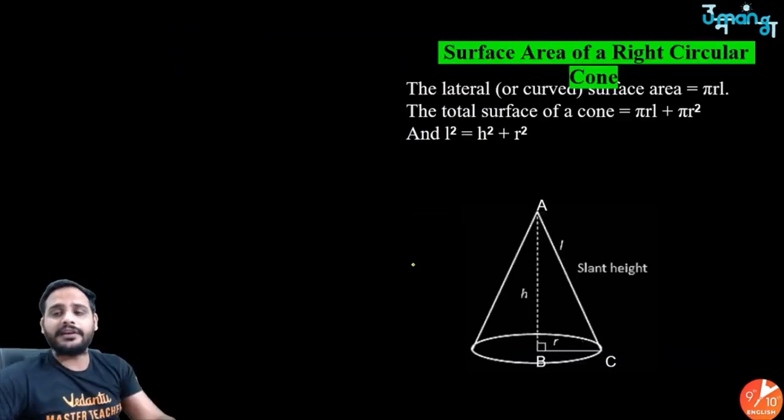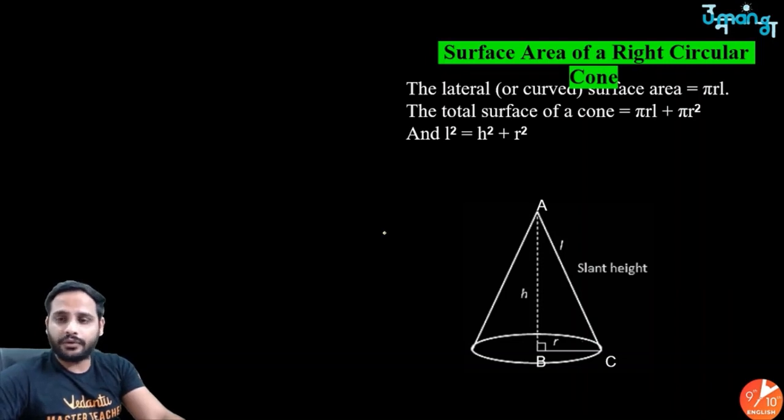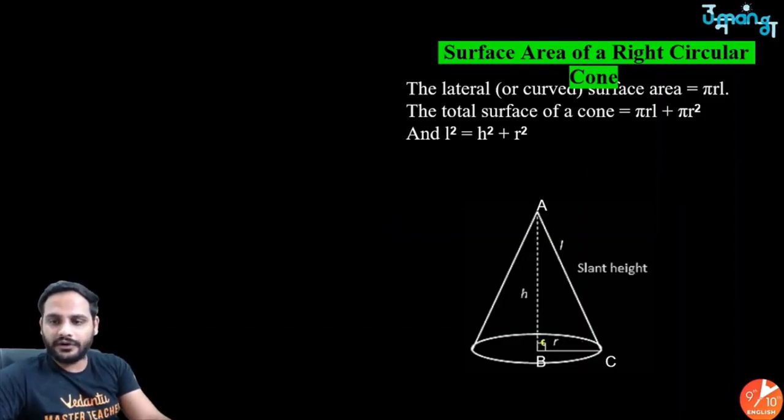Now if you look clearly at a cone, there are three important measurements. One is small r, which is the radius of the base. The second is the height h, which is AB.